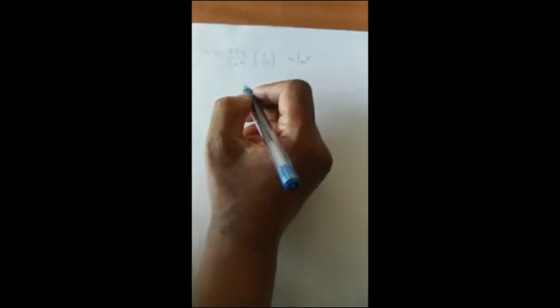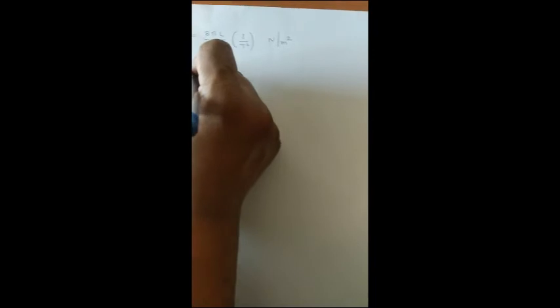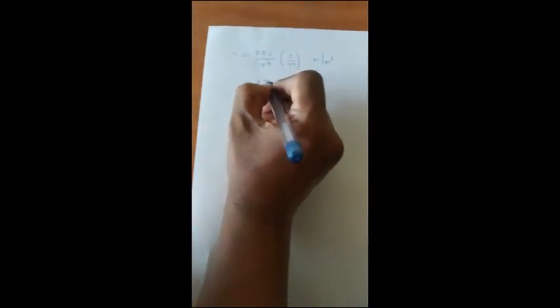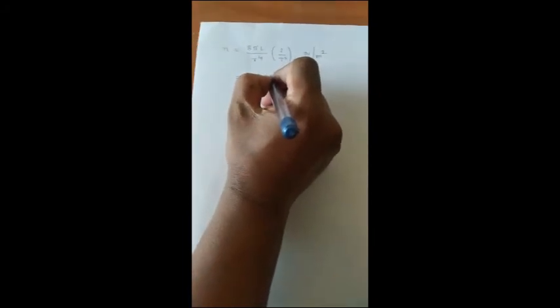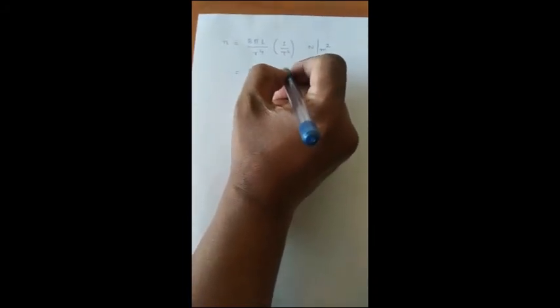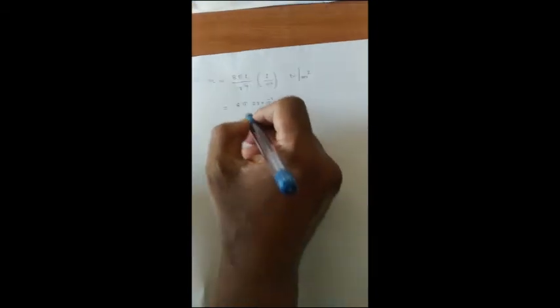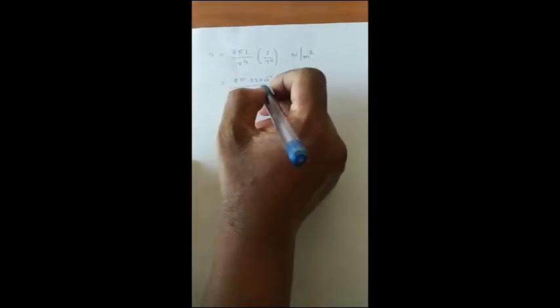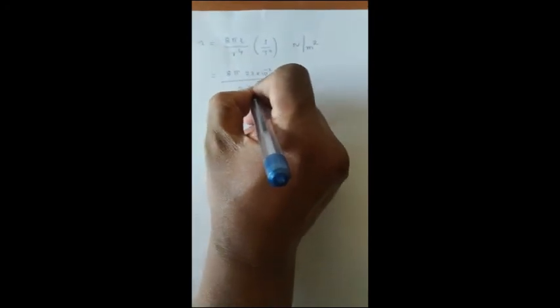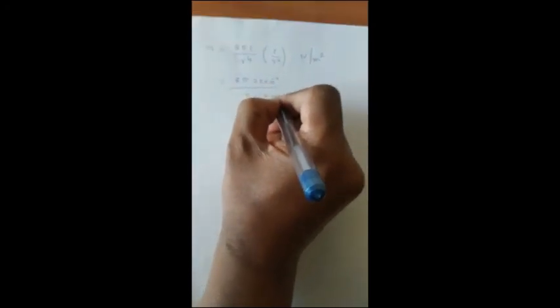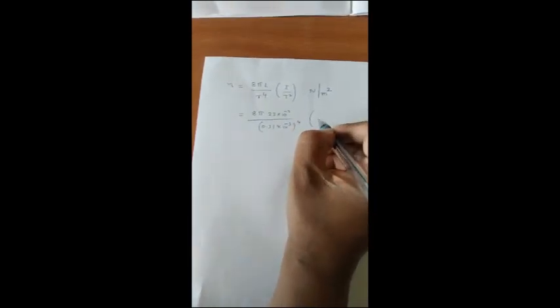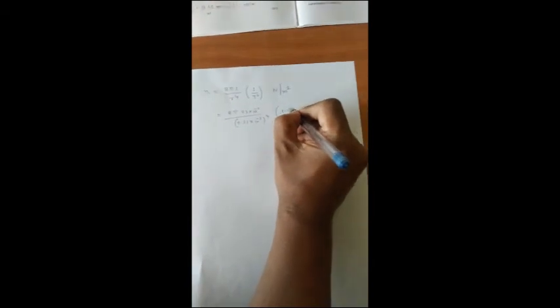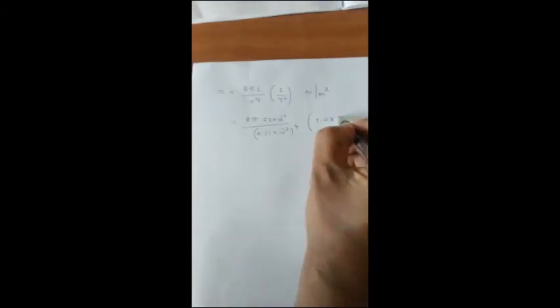Now I am going to substitute the values here. 8 pi into L, 23 into 10 to the power of minus 2 meters, divided by R, which is 0.31 into 10 to the power of minus 3, whole to the power of 4, and the value of I by T square is 1.085 into 10 to the power of minus 4.